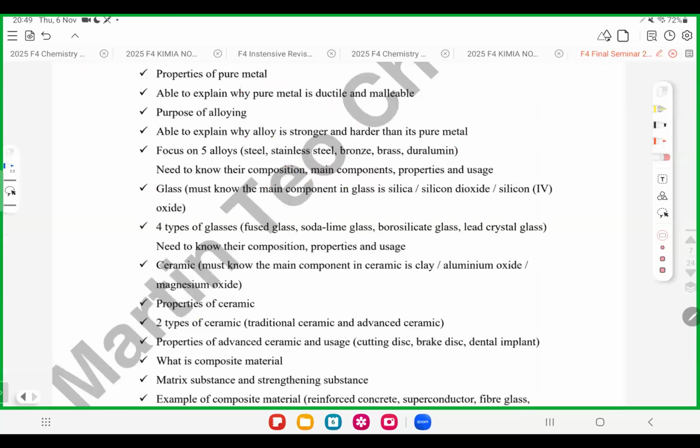You can watch back any previous thing. Anytime you want to watch back the recording for chapter 2, do it. You want to watch back the recording for chapter 5, go ahead. You have the recording sitting there, just waiting for you to watch them. Simple as that. So make good use of those recordings. If you are lazy to even watch the recording, then no one can help you already.